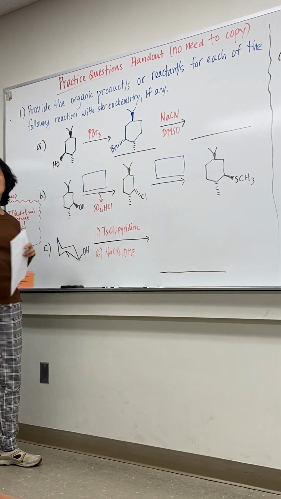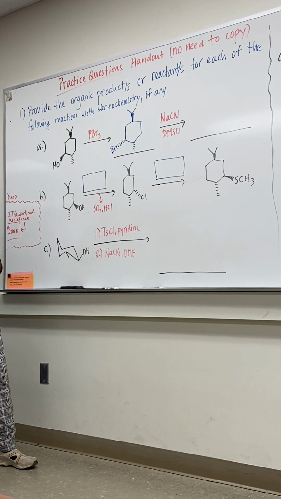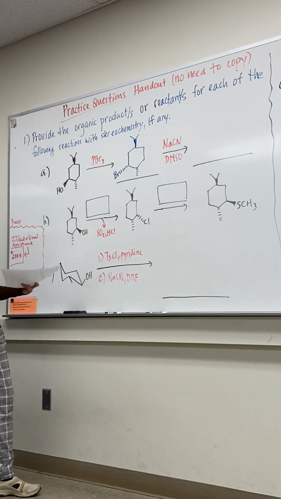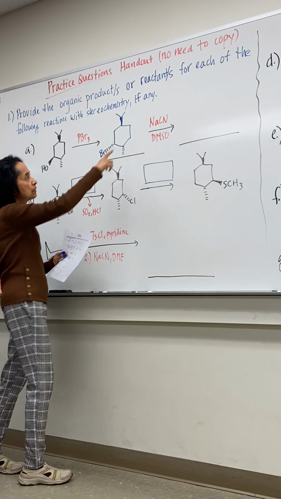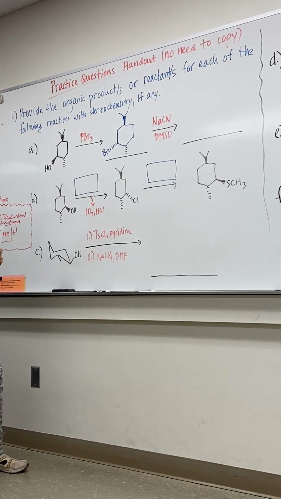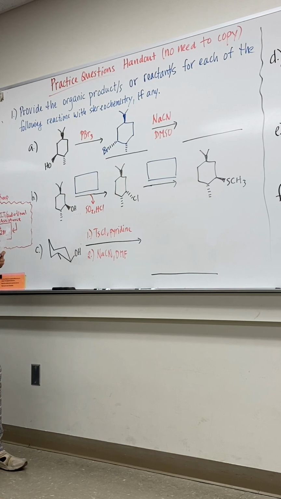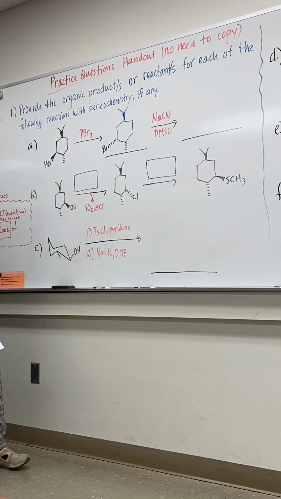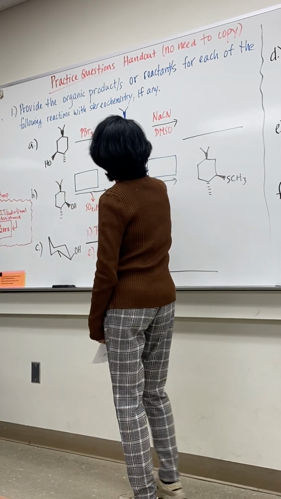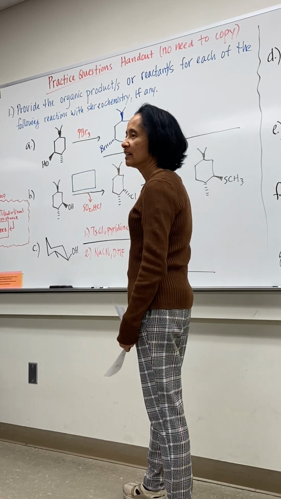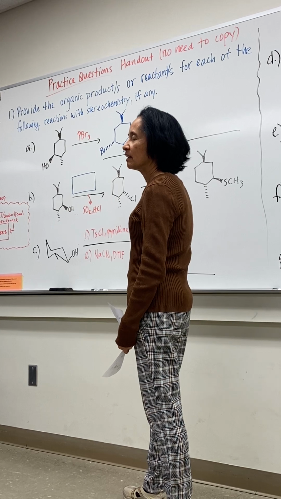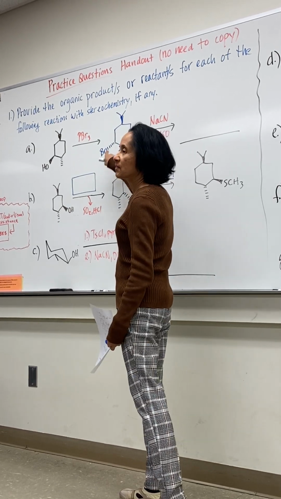Now I'm not asking for the mechanism, but obviously if you know the mechanism, it helps you. So now this one, you have a nucleophile. So next, Tyler. Nucleophile, take out the Br, and do you attack from the back or flip it to the front, because this is to the back.